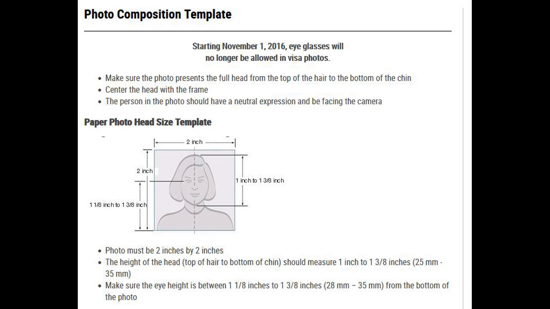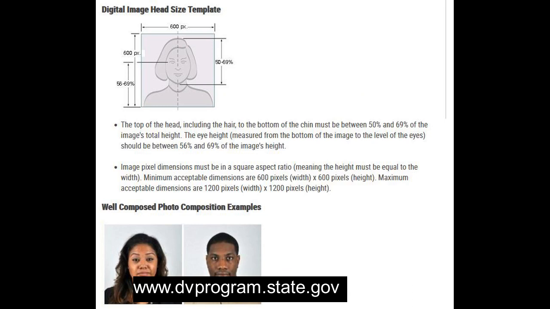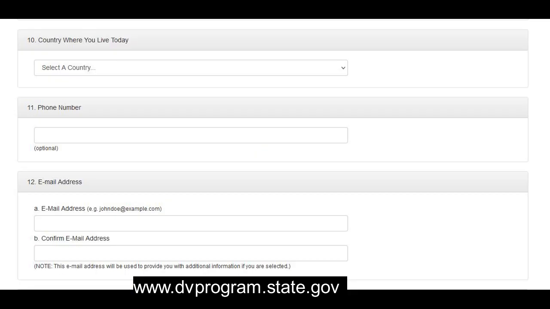The height of the eye should be 1 1/8 inch up to 1 3/8 inch, which is 28 mm to 35 mm, measured from the bottom of the photo. Here you see the proper size of the head in percentage and well composed photo examples.